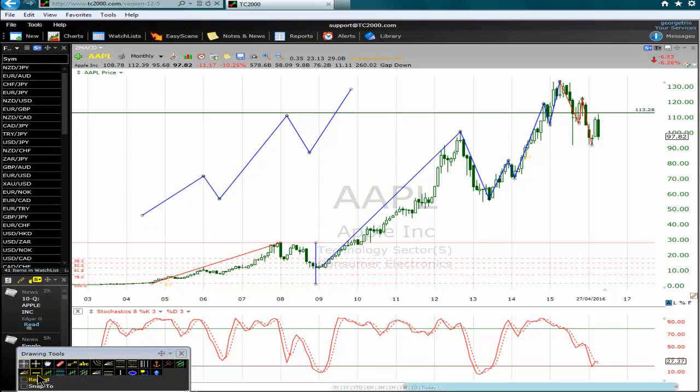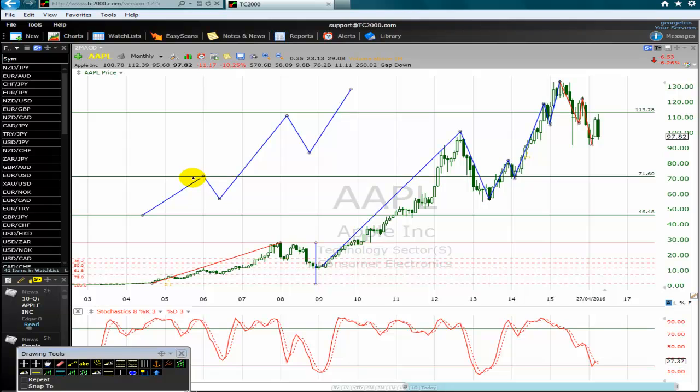We will draw a horizontal line at the low of the first wave and another at the high of the first wave. Now we will measure the width between the high and the low of the first wave. Why?